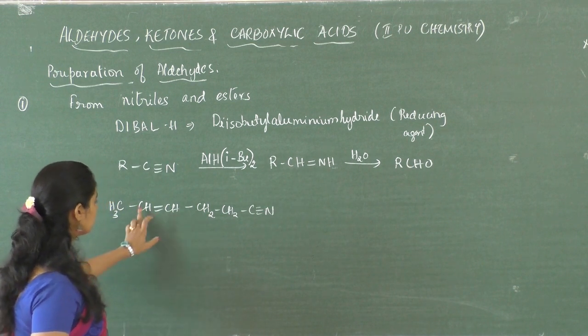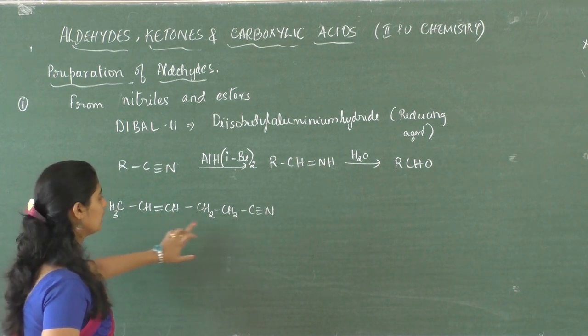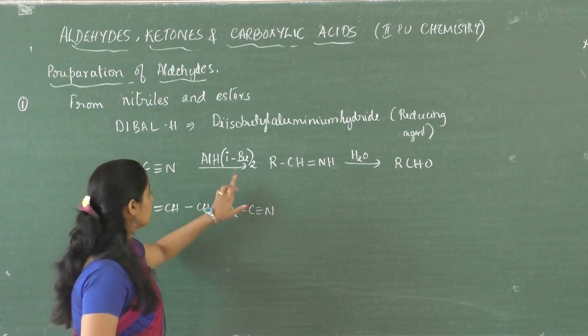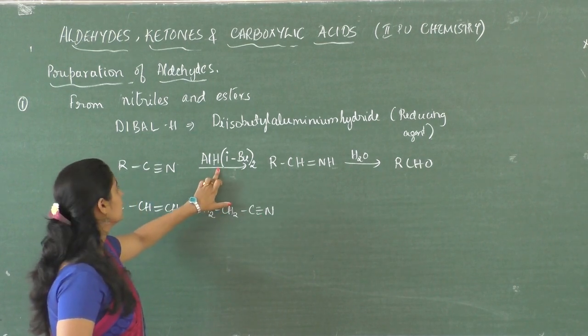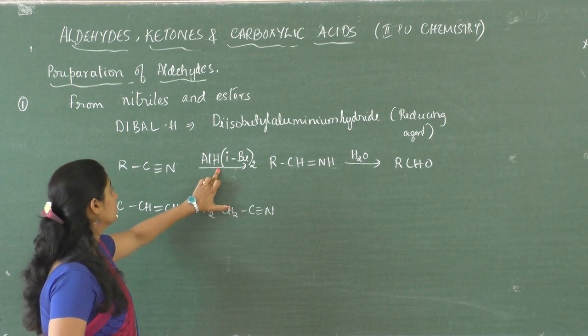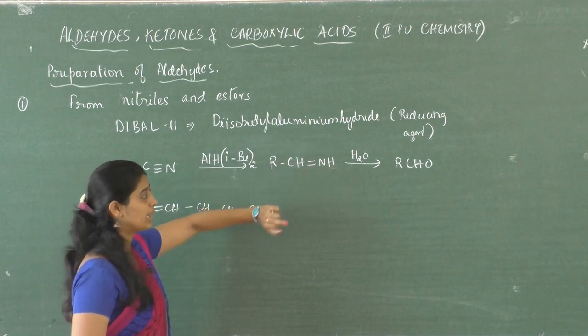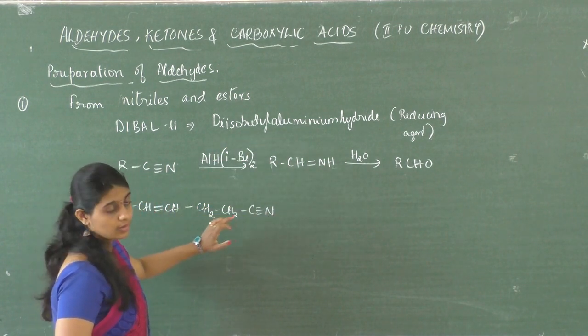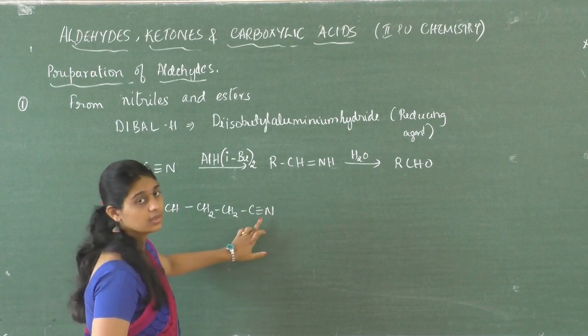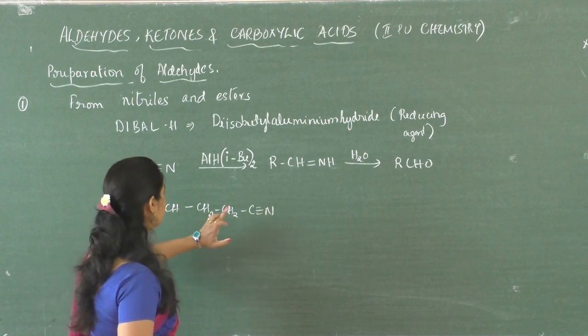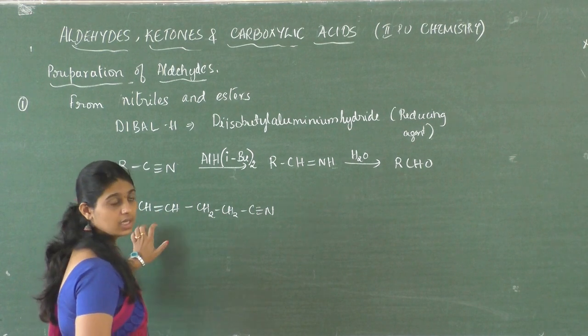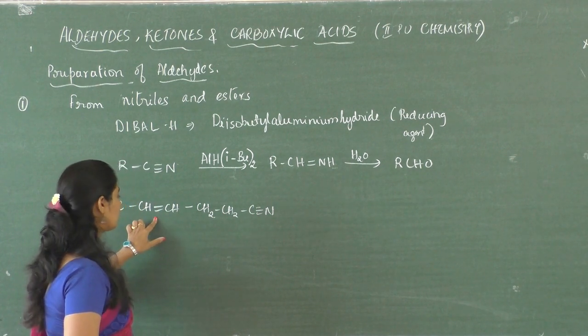So here you can see the presence of the double bond along with the functional group. So by the usage of this DIBAL-H, or di-isobutyl aluminium hydride, this only reduces the cyano group and not the carbon to carbon double bond.